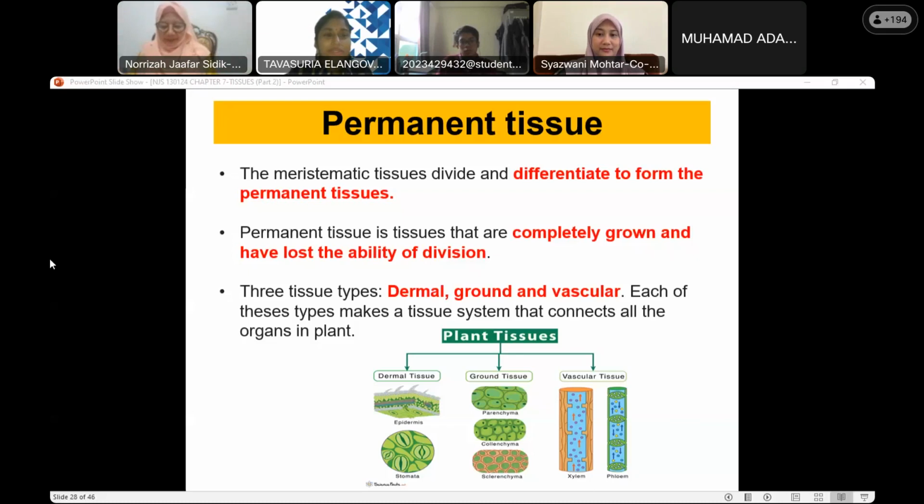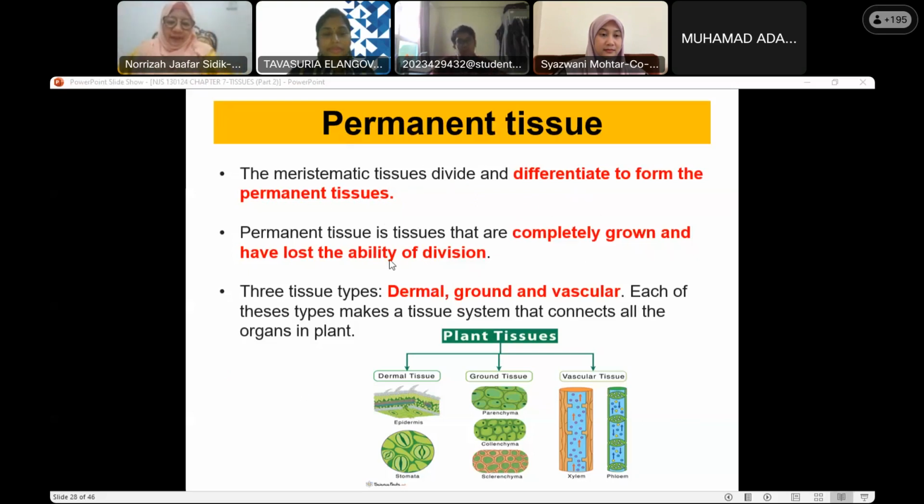Okay, so we go to the next second half of the lecture after the question and answer. Just now I mentioned the permanent tissues and also the meristematic tissues. These meristematic tissues can divide rapidly, and they can differentiate to form the permanent tissues.